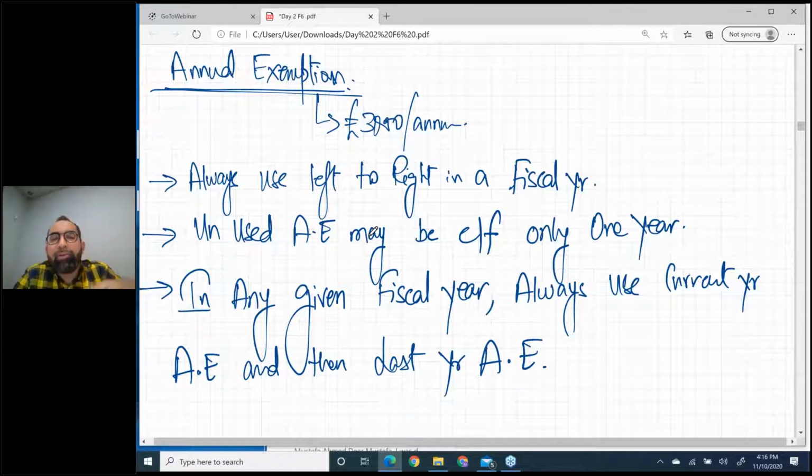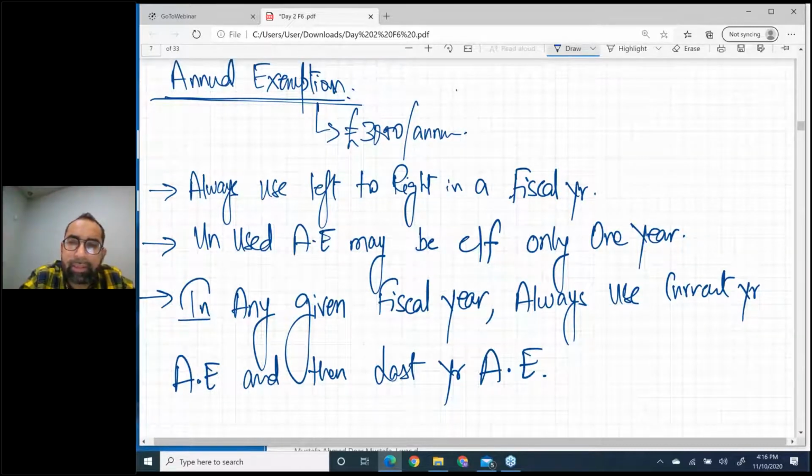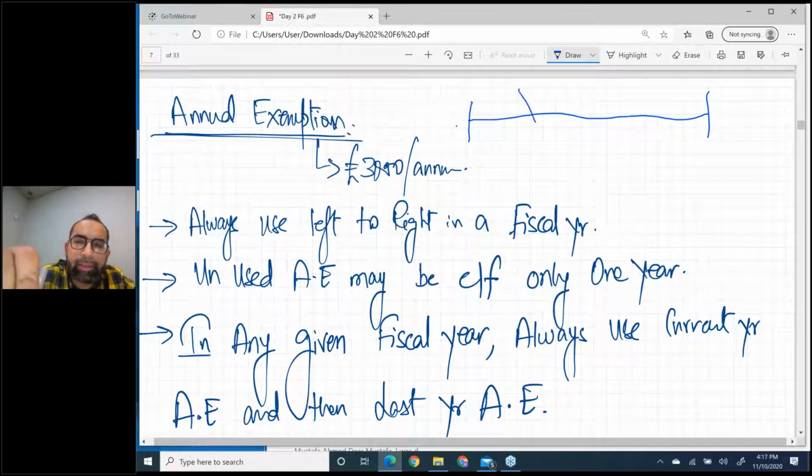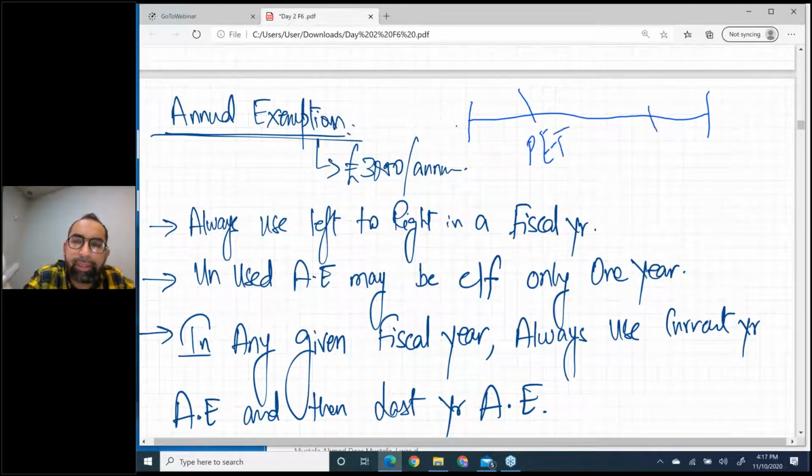Okay. Now, the first rule, it's 3,000 per annum, right? For example, there is a fiscal year and there are two gifts in that fiscal year. One is PAT and the other is CLT. First you did PAT, and then CLT. Now, sir, how are we going to use this annual exemption for this fiscal year?